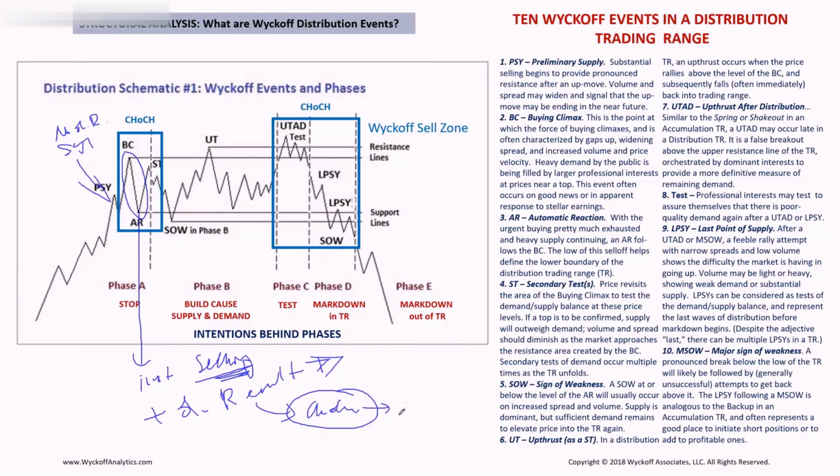A change of character low is going to be defined as an automatic reaction, and that would define the boundary of the trading range. And if anything, this is such a great concept, I thought, that Wyckoff has come up with.